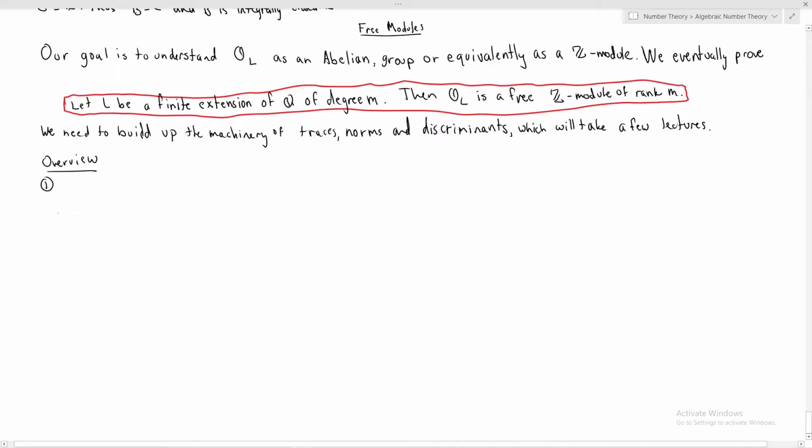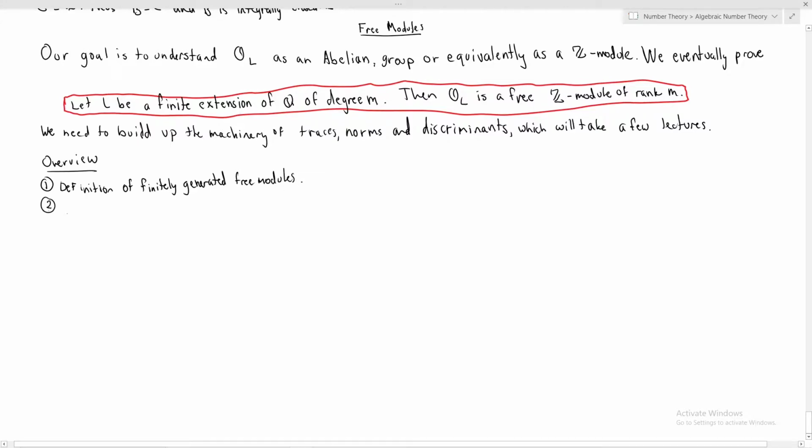The first thing we're going to do is give a definition of what a free module is, I guess a finitely generated free module. Definition of finitely generated free modules.